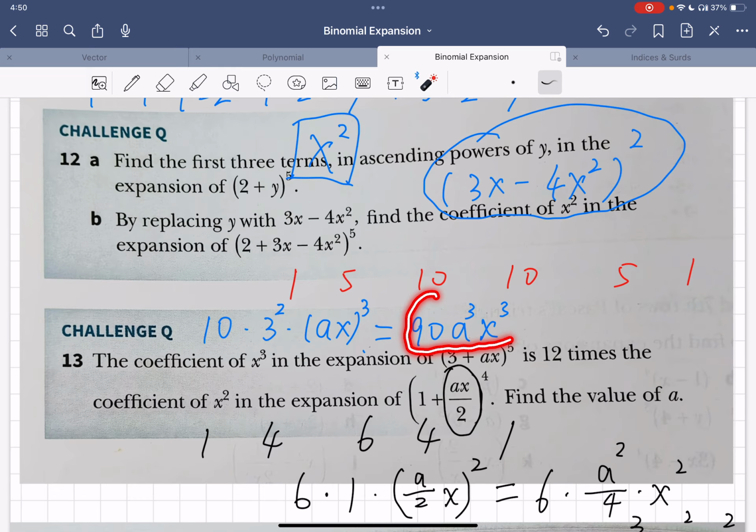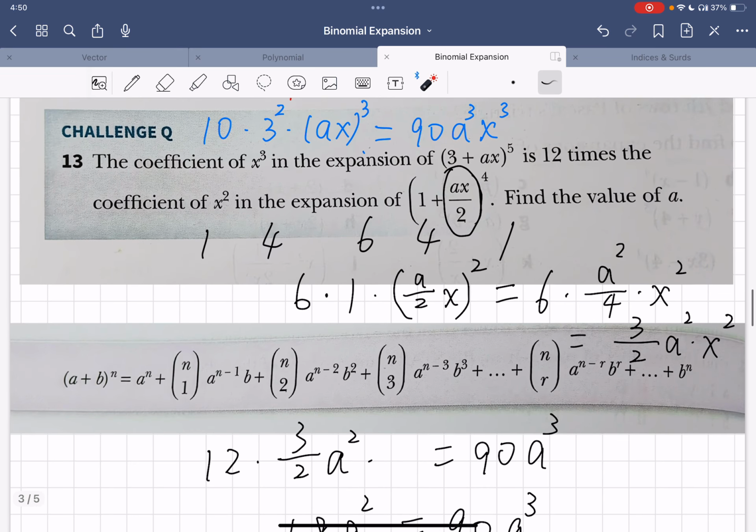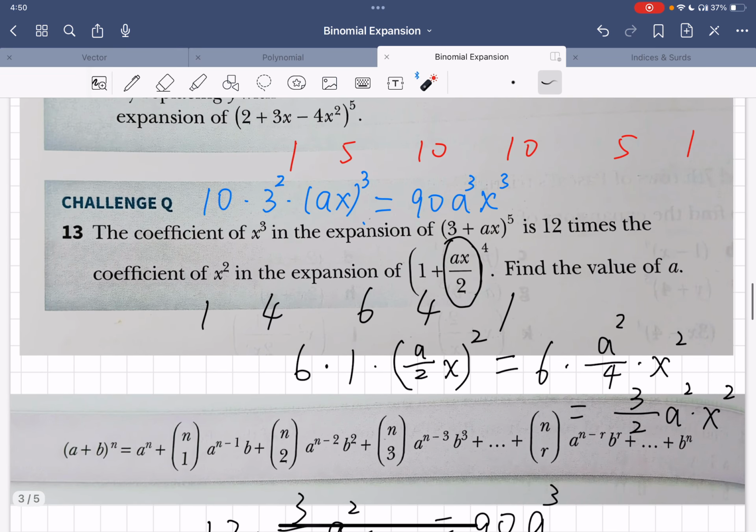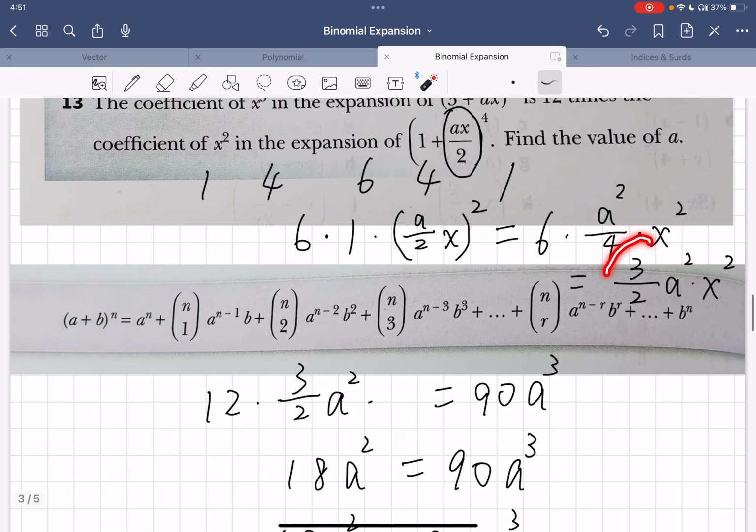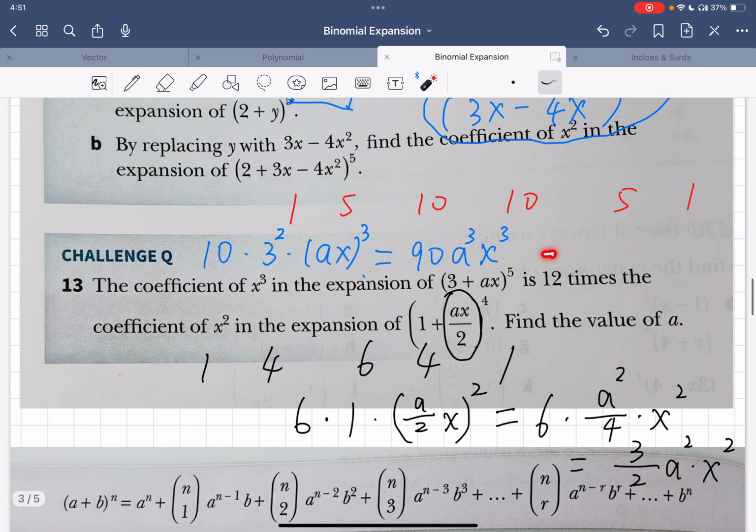This one, it equals 0, right? And for the second expansion, right here, the coefficient would still be 0. 0 equals 0, so the equation cannot exist.